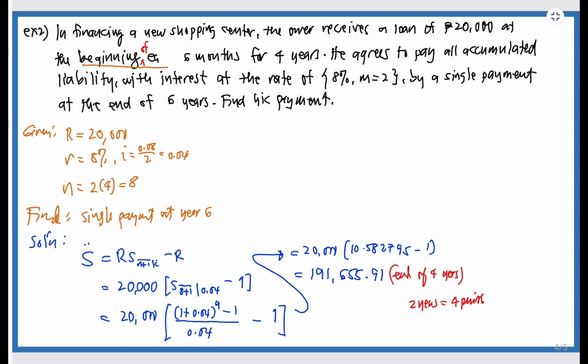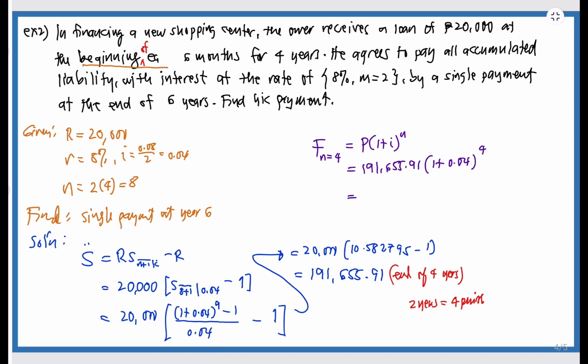In other words, find the future value at n equals 4. For the future value, P times 1 plus i to the n, so it will be 191,655.91 times 1 plus 0.04 raised to 4.